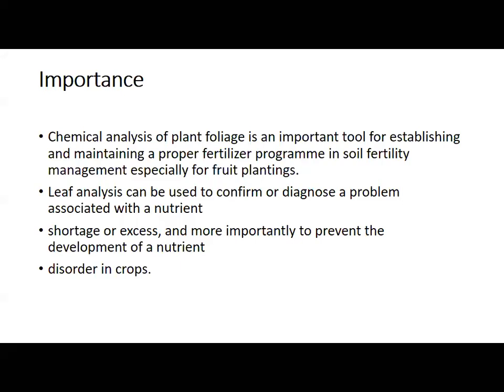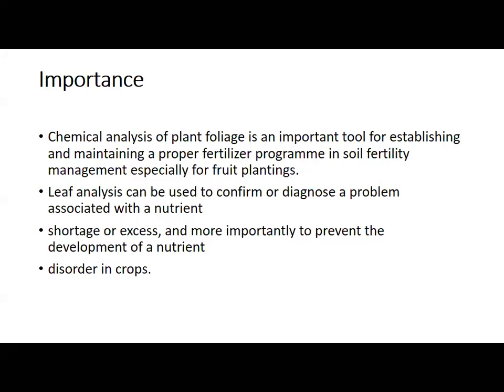We can easily detect molybdenum deficiency by leaf analysis, and then correct it with a foliar spray of molybdenum at 2 mg per liter, that is 0.2 ppm, to recover from the deficiency or to avoid disorders like whiptail in cauliflower.